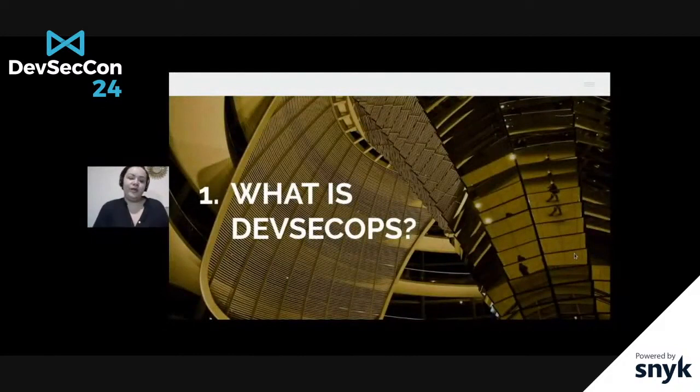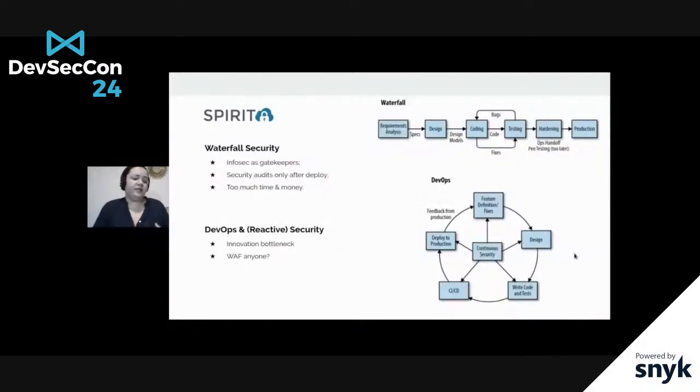Okay, so to better understand what DevSecOps is, you have to first revise how we used to handle security before the DevOps movement. So in the age of the Waterfall security and the Waterfall development as well, we introduced a series of sequential processes to get your code out into the world.